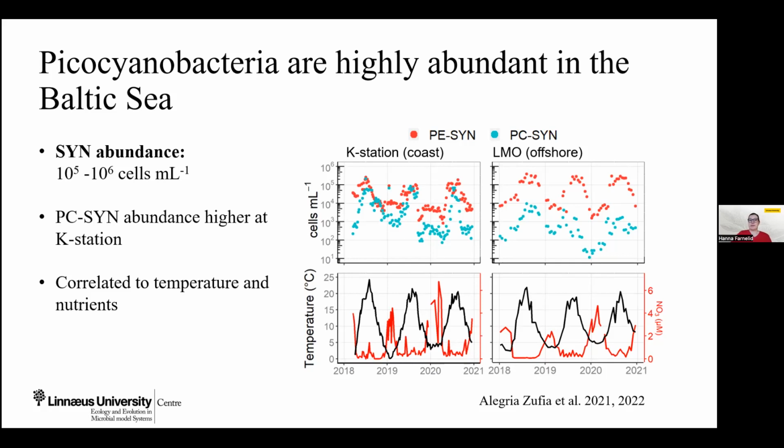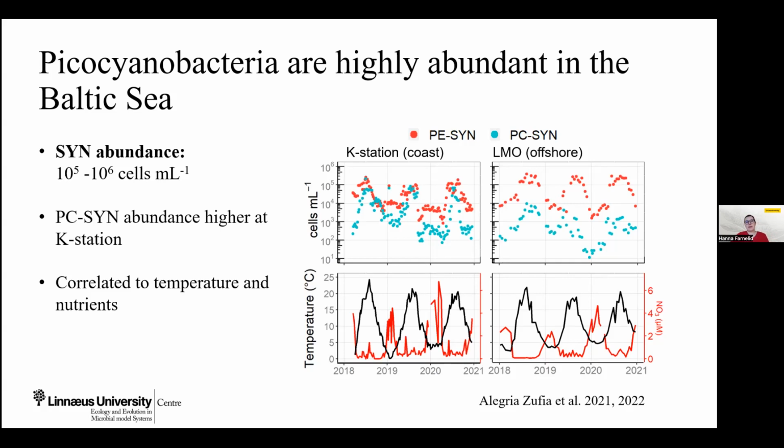So in the more coastal environment where there's higher turbidity, there was also higher abundance of these green Synechococcus strains. If we compare it to the offshore environment, you can see that these red strains are higher in abundance. So those were more optimized to life in the more offshore environment where there's more clear water conditions.